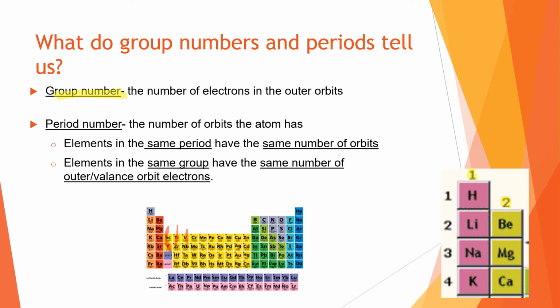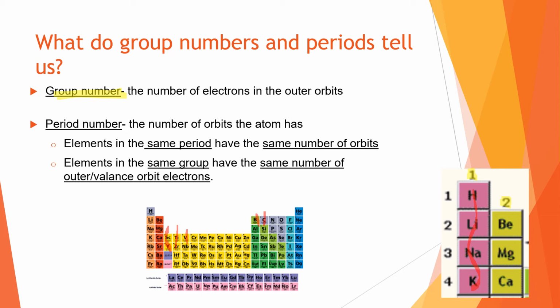You'd continue on. This is group 13, 14. So along the top of the periodic table, those numbers tell you the group number. Hydrogen, lithium, sodium, over here, those are all in group number 1, and they all have 1 electron in their most outer shell.